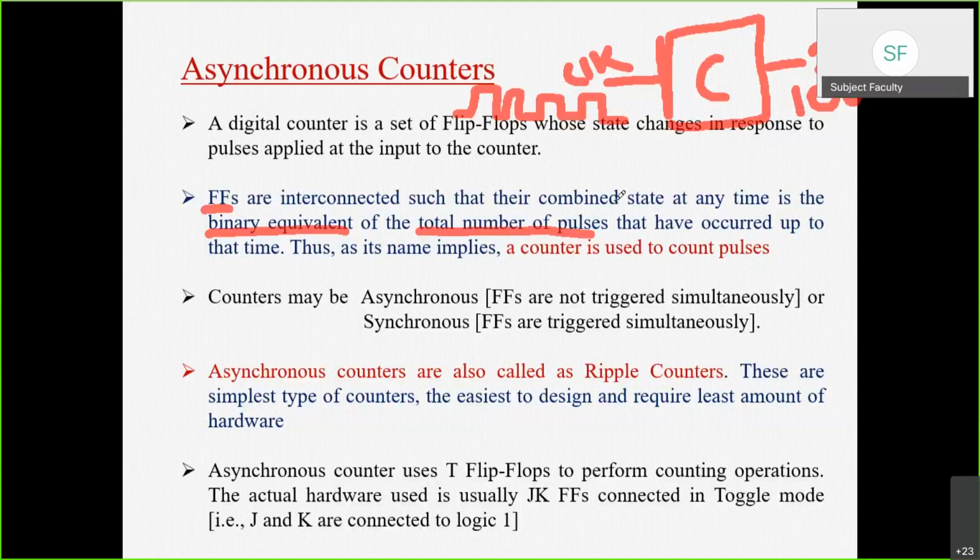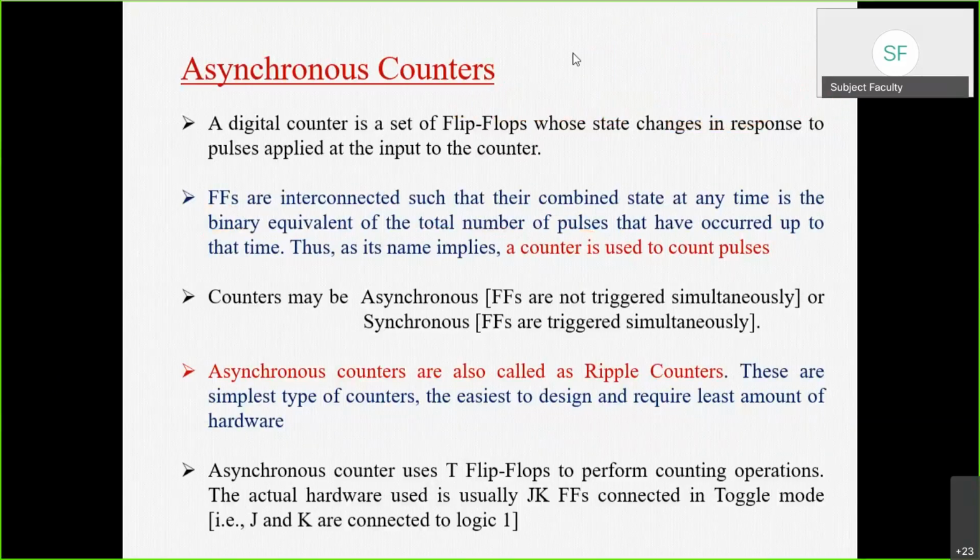Have you understood the definition of counter? Give me your feedback in the chat box so that I can move forward. Just let me know whether you have understood the concept of counter.